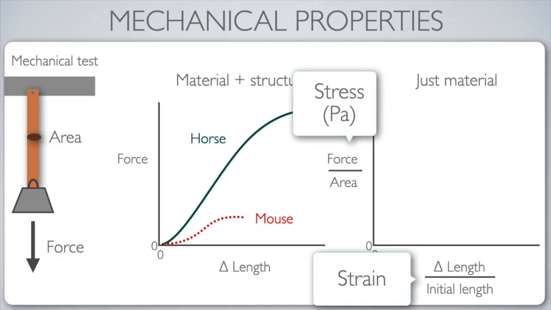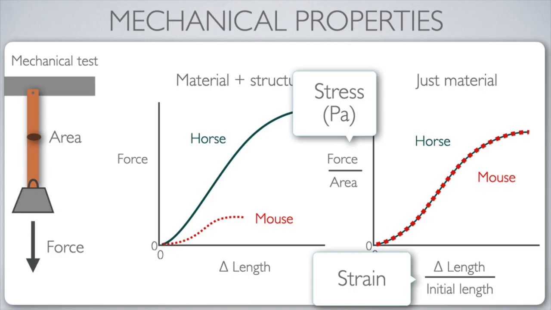Now, when you take the two curves that we measured on the left for the horse and the mouse, and you do these transformations, dividing by area and dividing by initial length, what you would find is that the two curves would actually be right on top of each other. This is because the tendon in the horse and the mouse have the same material properties.